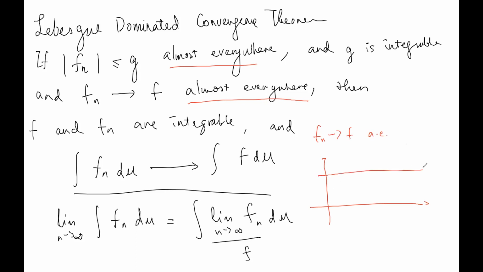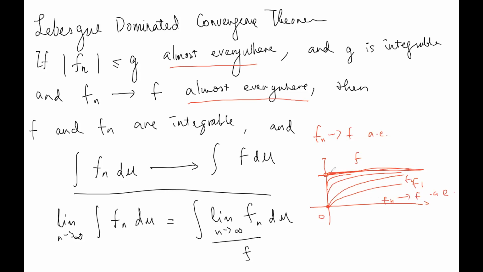Let's say this is your F, so this is your F1, your F2, and so on, right? In the limit, your Fn converges to F, right? But you say almost everywhere, it means that, for example, over here it may converge for all these values except at, let's say, the 0 point here.